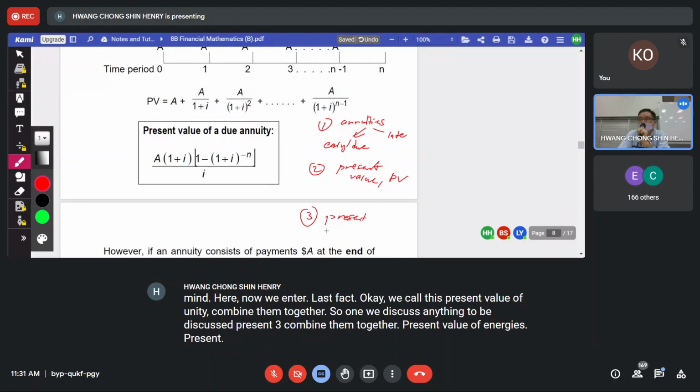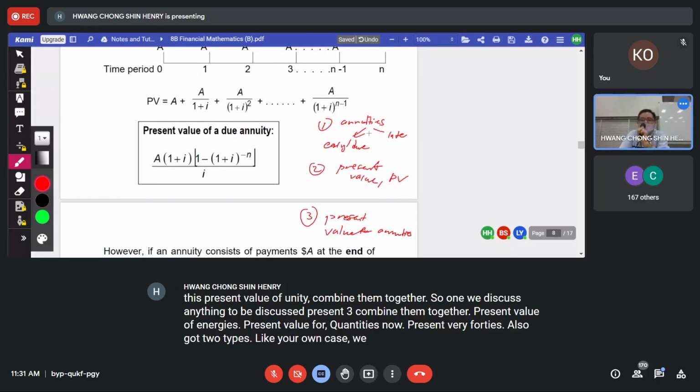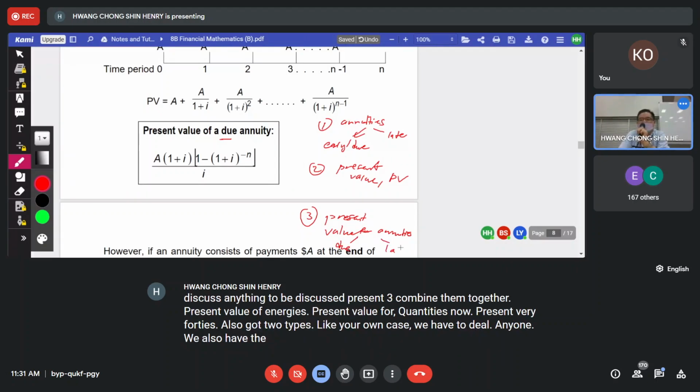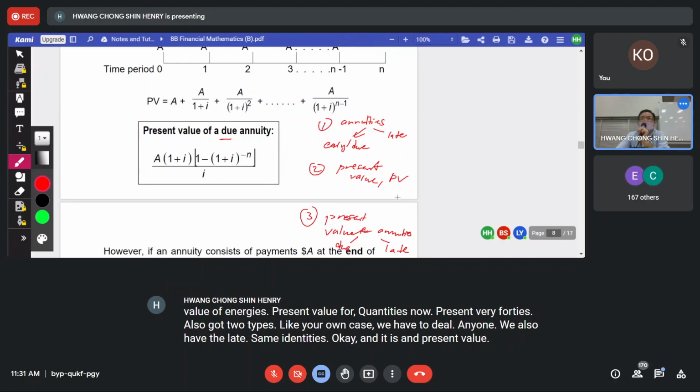Now, present value for annuities also has 2 types. Like your annuities, we have the due, the early one. We also have the late. Same as annuities. I hope you're clear. Annuities and present value for annuities both have early and late.